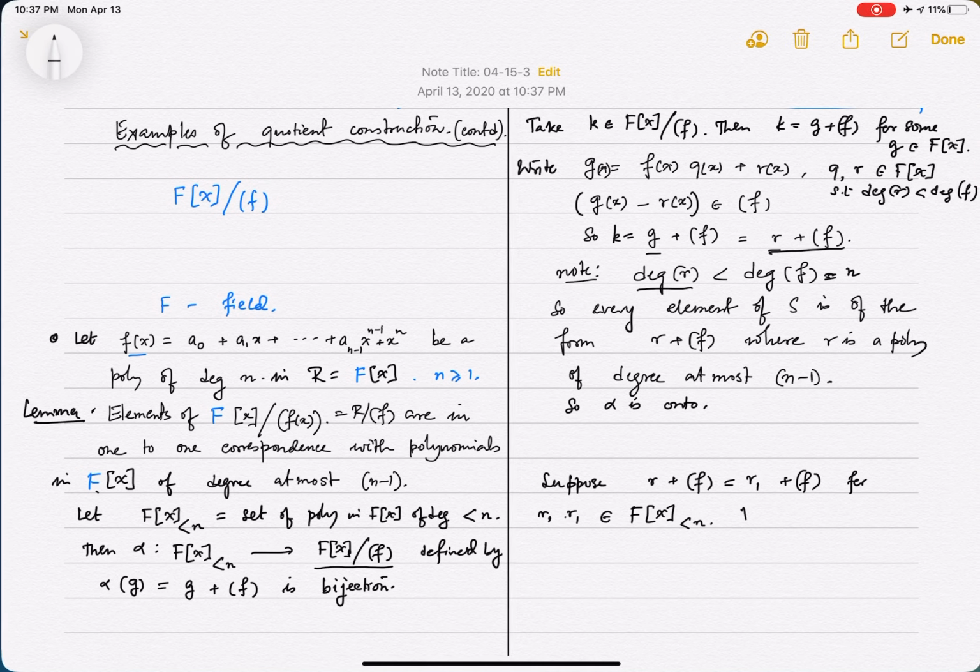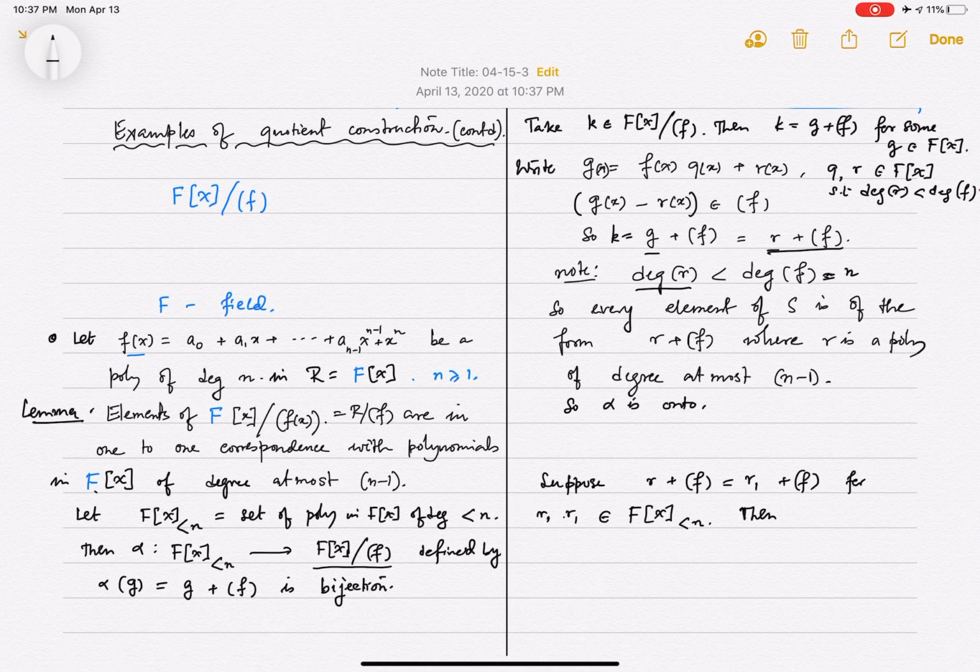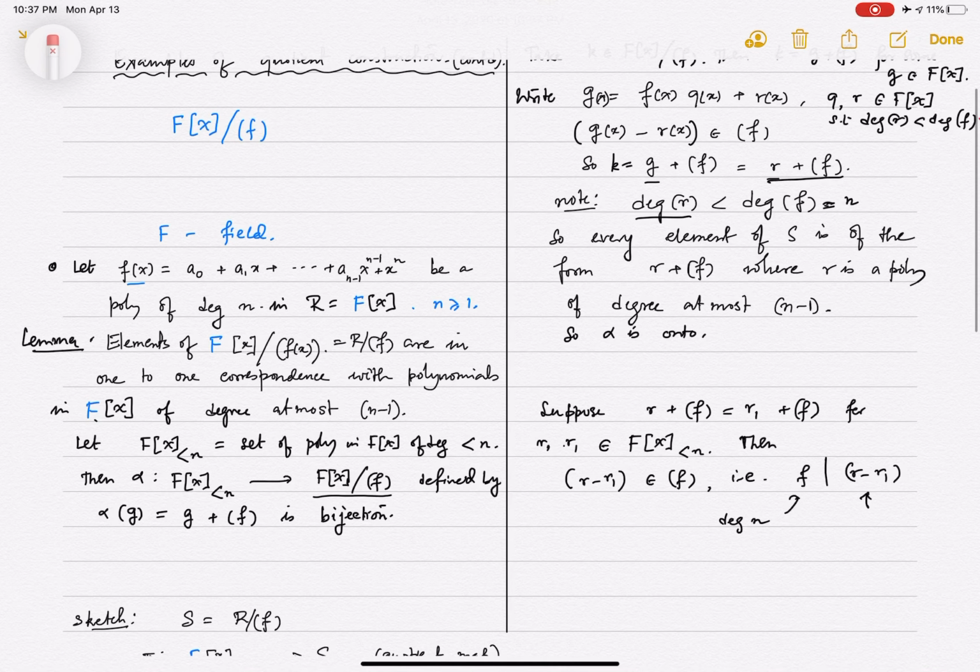This means the difference of these polynomials is in the ideal generated by f. That is, f divides this polynomial. But then this has degree n. Whereas both r and r1 have degree strictly less than n, so this difference also has degree strictly less than n.